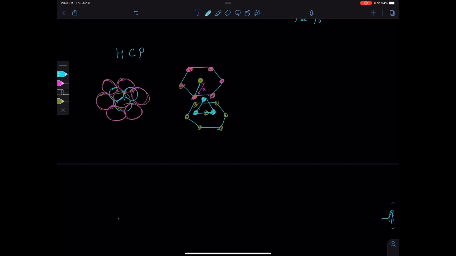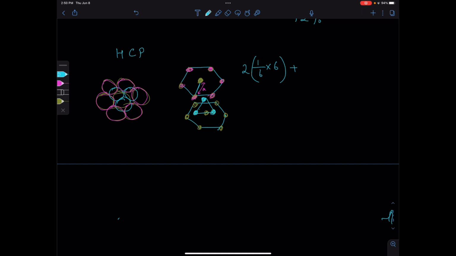Now each atom in the corner of the hexagon is shared by 6 other unit cells. So the contribution of each atom to a unit cell is 1 by 6, and there are 6 of them in one hexagon, and there are two hexagons, so that times 2. Plus, if you look at the atoms in the center of the hexagon, they will be shared by two unit cells, right? One which is depicted here and the one that is above it.